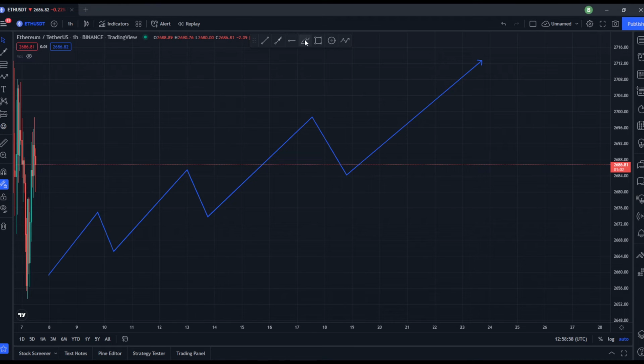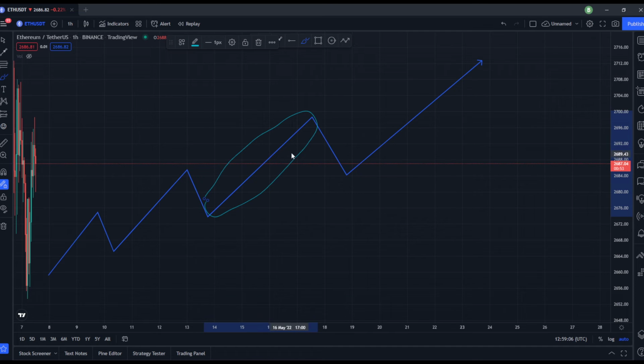The reason is that from this point right here up to this point, there is another market structure taking place inside of this candlestick on a lower time frame. For example, we look at the 1 hour time frame and we see something like this, and we scale down to maybe a 15-minute time frame.